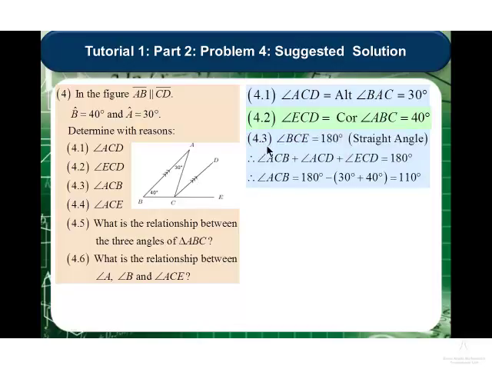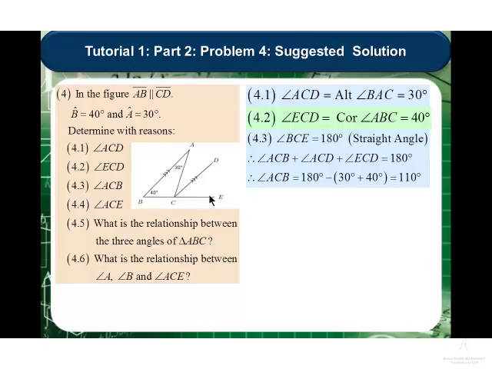In the third case, we have to find the angle ACB. We note the two angles from the first two parts of this problem, namely 30 degrees and 40 degrees. If you add them together, we need to ask what we must still add to have a straight angle defined by the line segment BE.